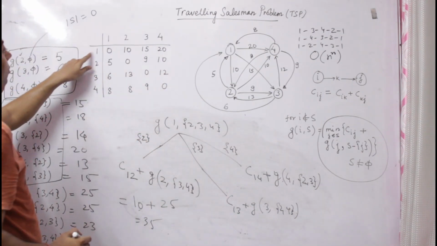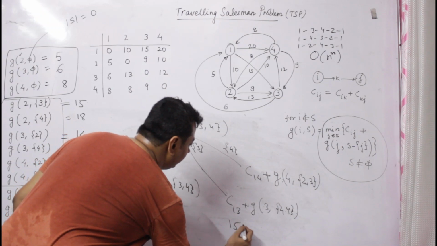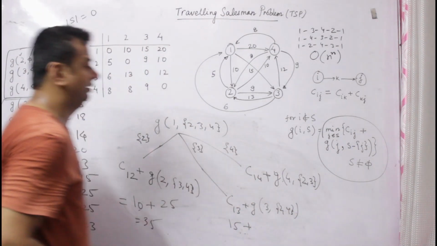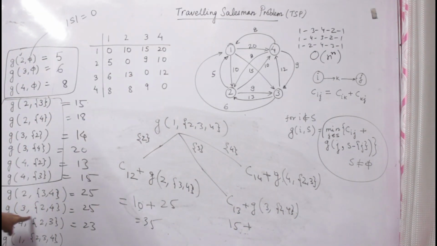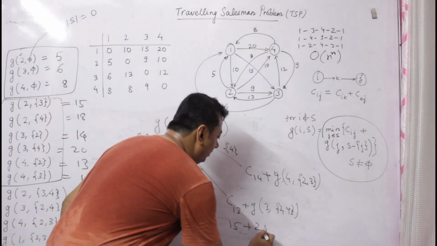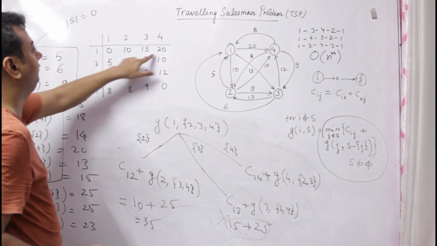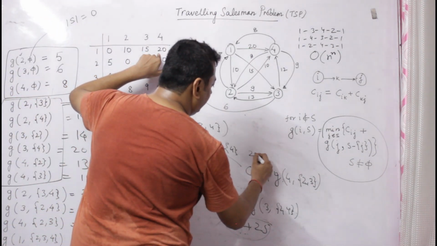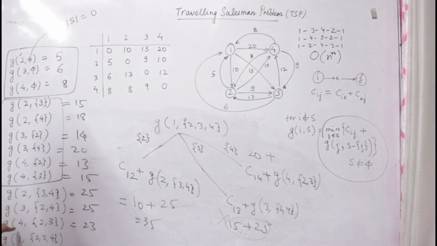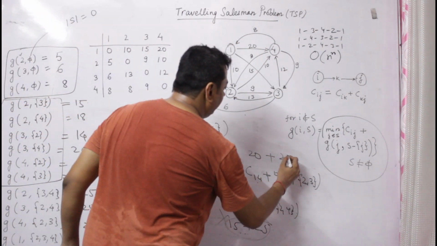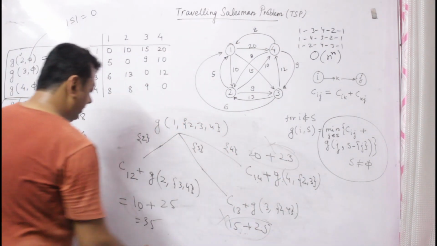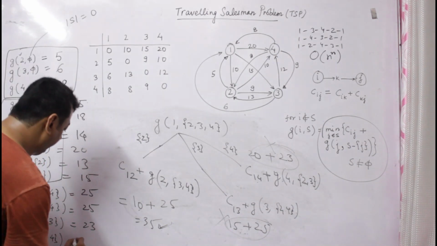Then 1 3 is 15, plus G 3 comma {2, 4}, which is 25, of course not selected. Then 1 4 is 20, plus G 4 comma {2, 3}, which is 23, of course not selected. So the minimum cost is 35.